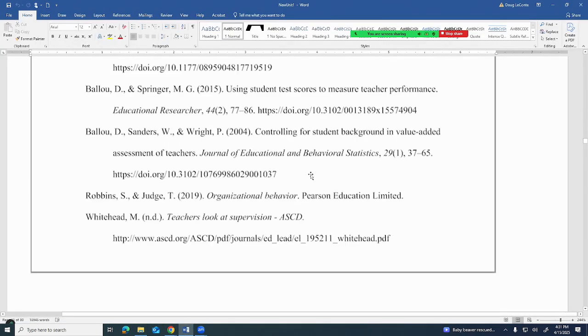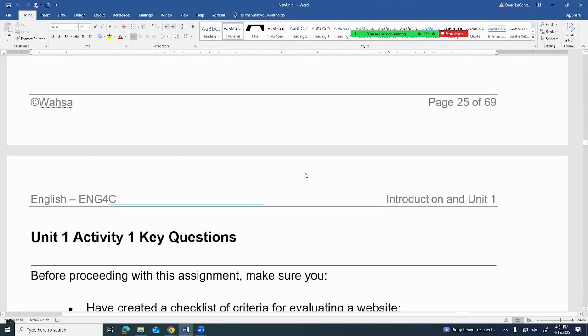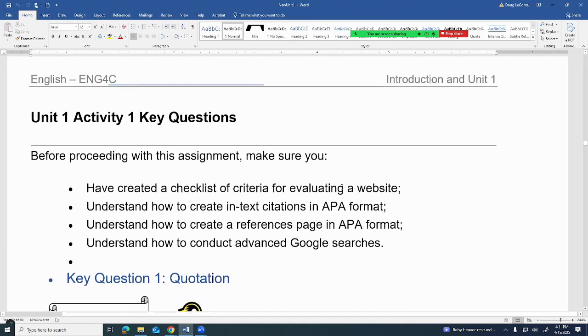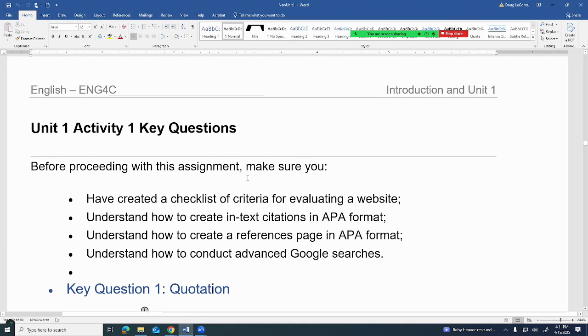All right, going back to our key question then. Unit 1, Activity 1, Key Questions on page 26.